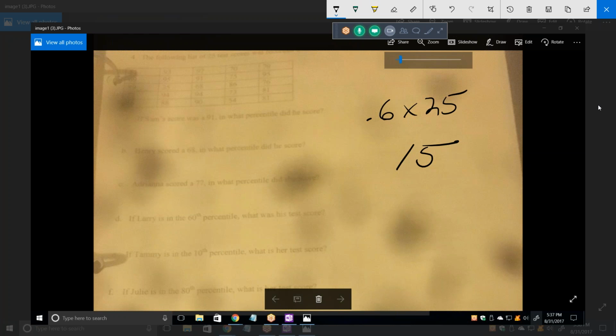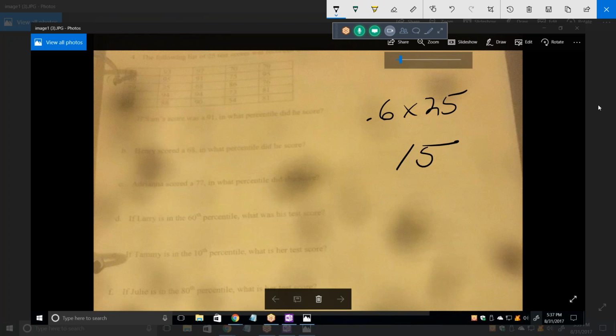Wouldn't that be the 15th position in the list? 15th position, but since you're not rounding up, you have to find the average between that and the preceding number. In other words, the answer really is the average between the 14th and the 15th position.